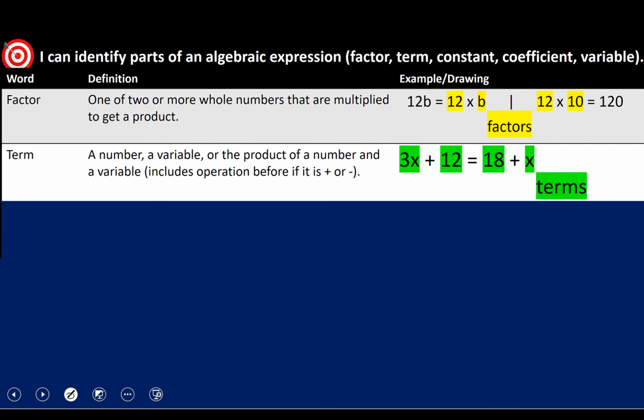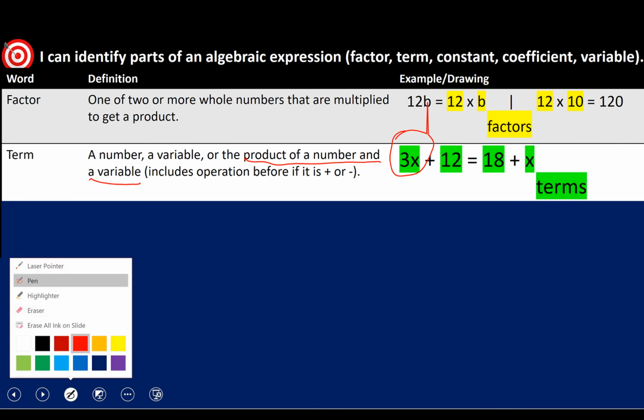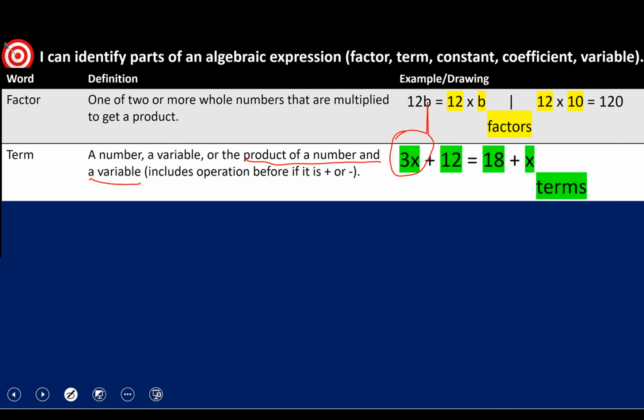Why is 3x a term? 3x is a term because it's the product of a number and a variable. 12 and 18 are numbers, so 12 and 18 are also terms.